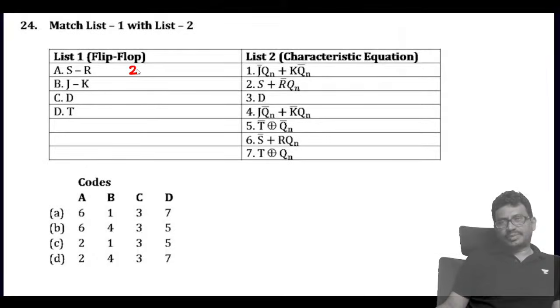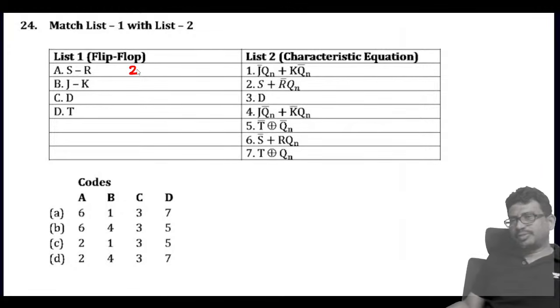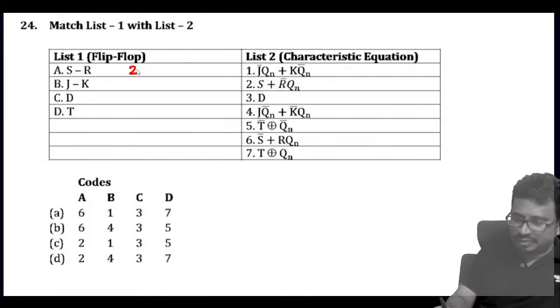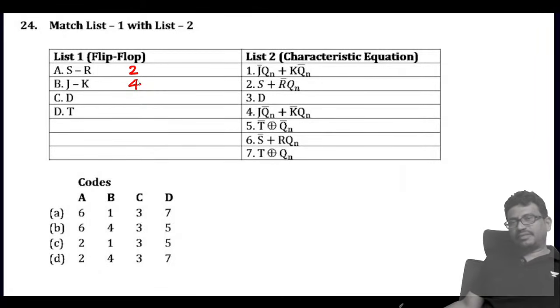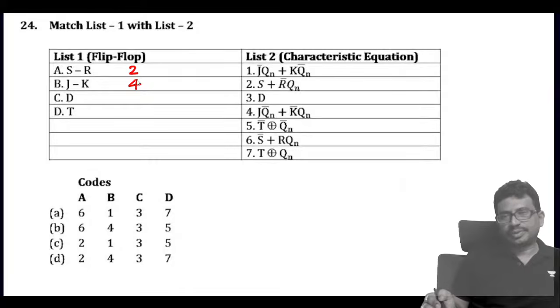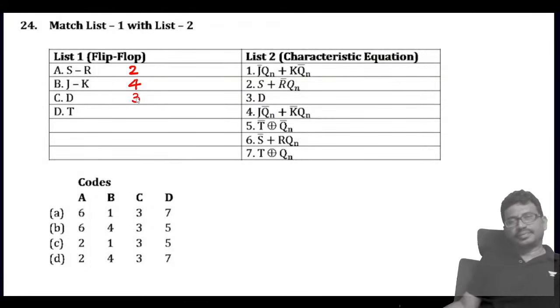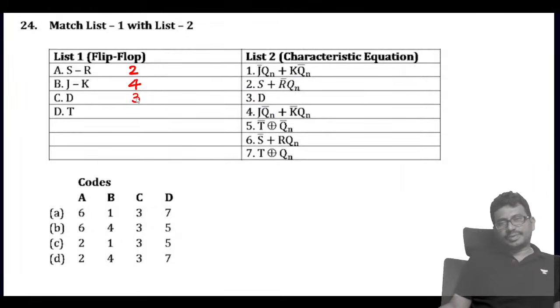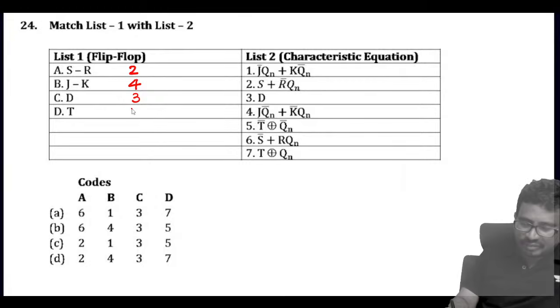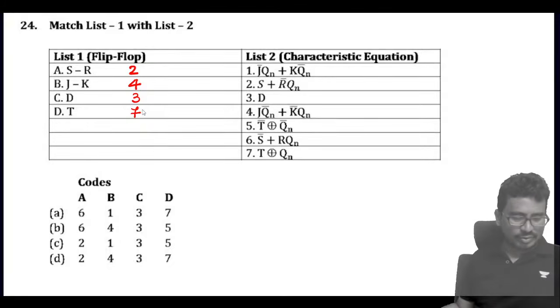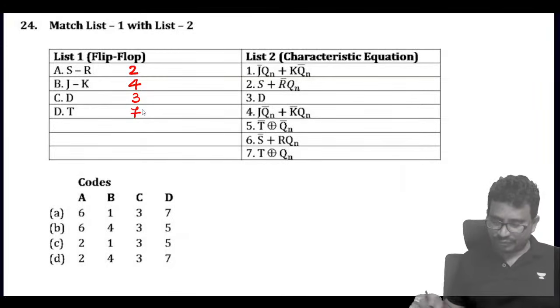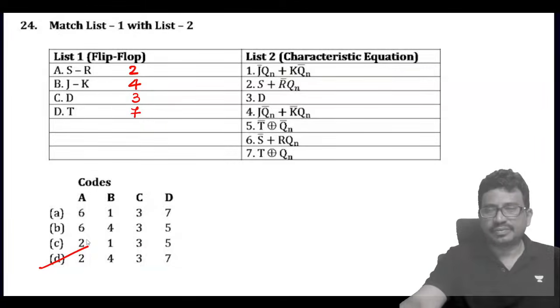JK flip-flop is JQ bar plus K bar into Q, so this is 4. D flip-flop is Q plus equal to D only, so this is the third one. And T flip-flop, so this is T, that is 7. So you can see here 2, 4, 3, 7. Option D.